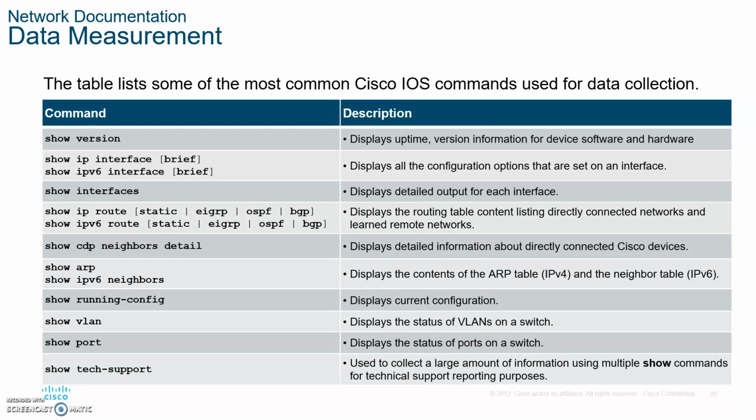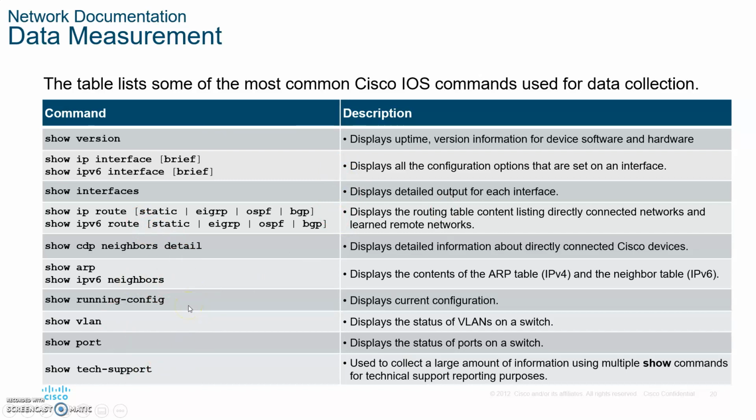These are all the different types of Cisco commands that you can use to collect data. The show version, for example, will tell you how much memory and VRAM you may have, the type of operating system that you got, right? A lot of these commands we've used already.